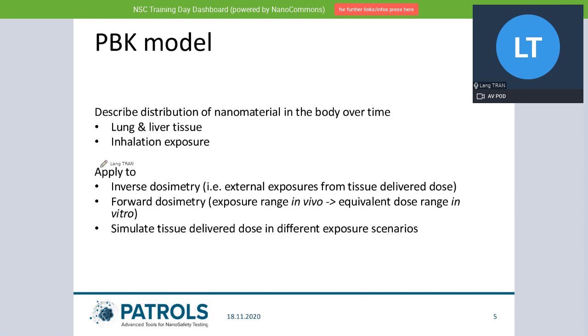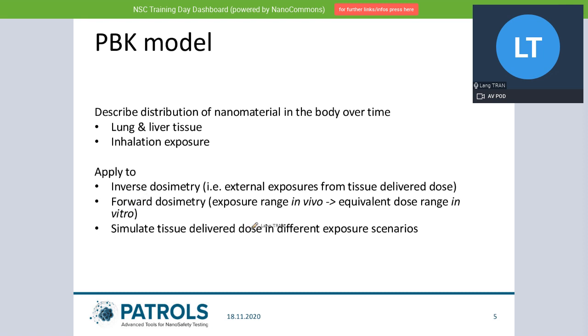Once you have these models, as I explained to you earlier on, you can do an inverse dosimetry, meaning for the dose we can calculate backward to find out what is the external exposure that gives you that dose in vivo.